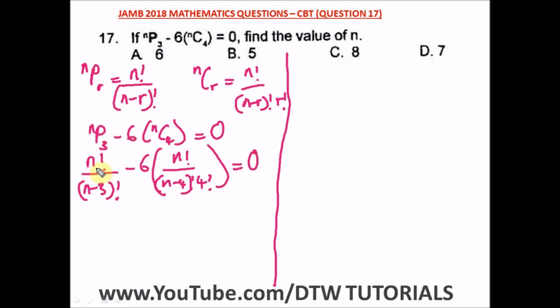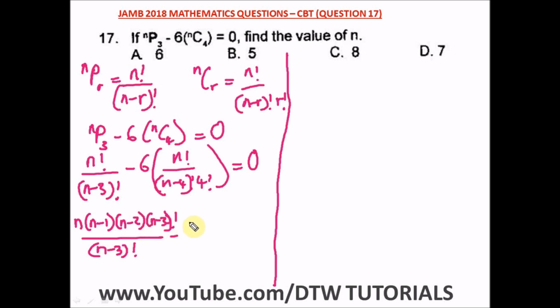Okay, so we have to break this down. n factorial can also be written as n bracket n minus 1 bracket n minus 2 bracket n minus 3, so we can cancel out n minus 3 factorial down here. Okay, so it can be written as n minus 1 bracket n minus 2 bracket n minus 3, divided by n minus 3 factorial, so that this n minus 3 factorial can cancel out this other n minus 3 factorial.